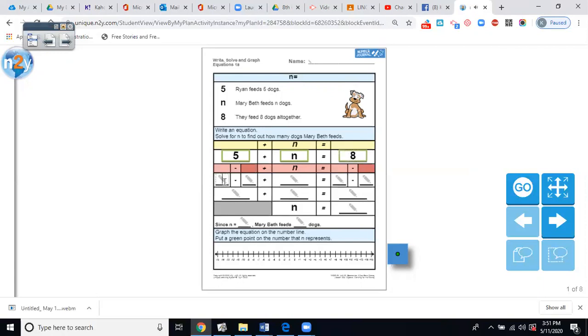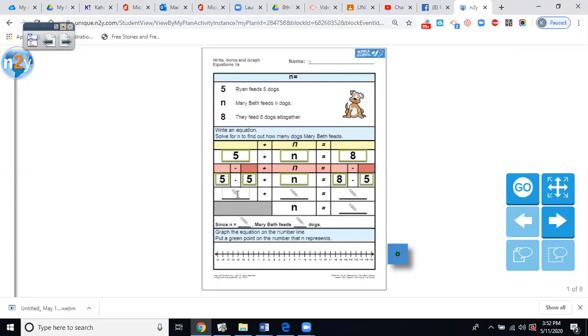Okay, so 5 minus 5, because we know how many Ryan feeds. N, still haven't figured out how many Mary Beth feeds. But here, we're going to put in how many they feed altogether. 8 minus the number of dogs that Ryan feeds, because we know that Ryan feeds 5 dogs.